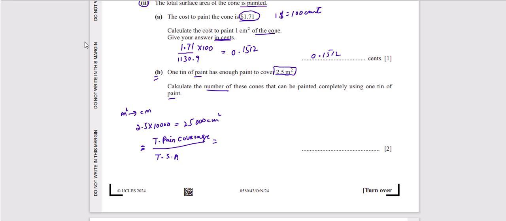Total paint coverage is this one, that is equal to 2500 divided with total surface area. The total surface area is 1130.9. Calculate these values, we get 22. So the number of cones is 22.